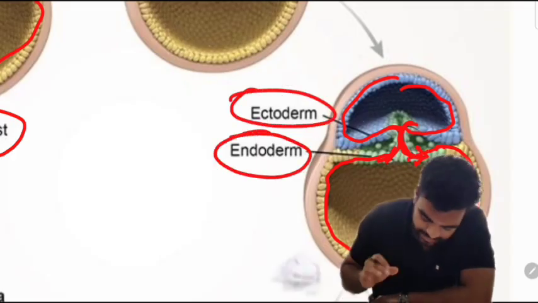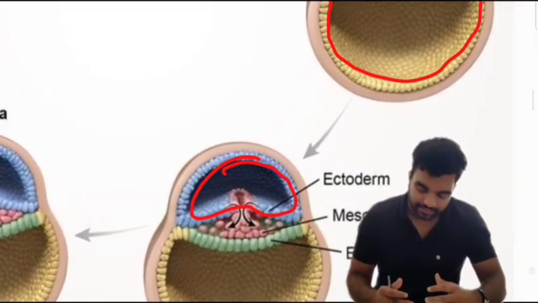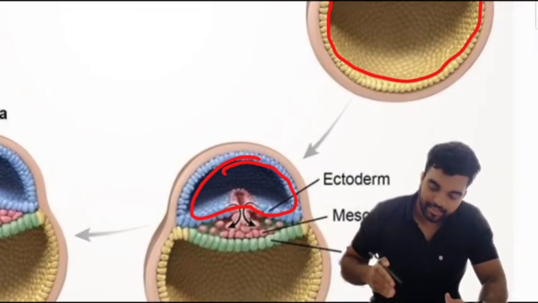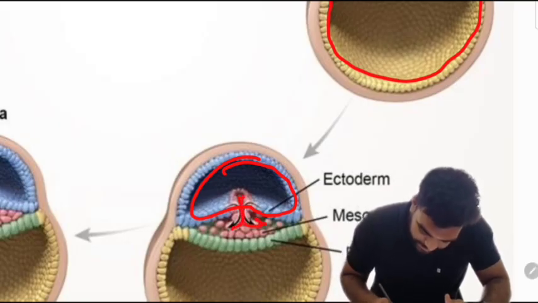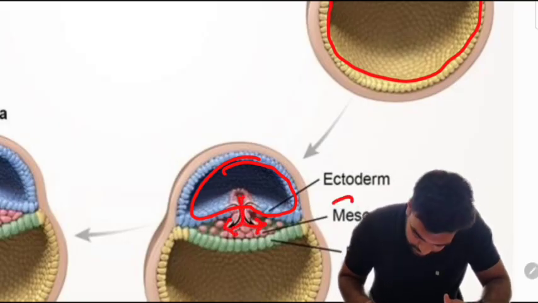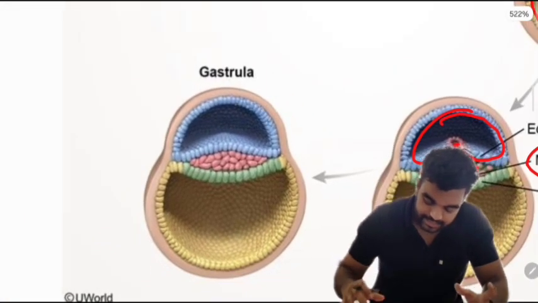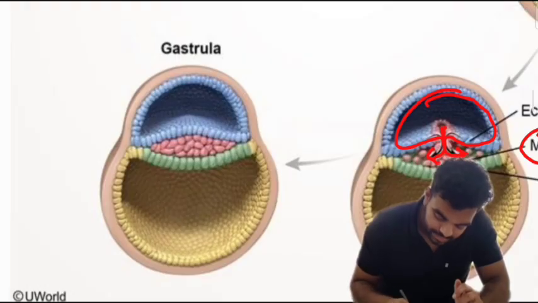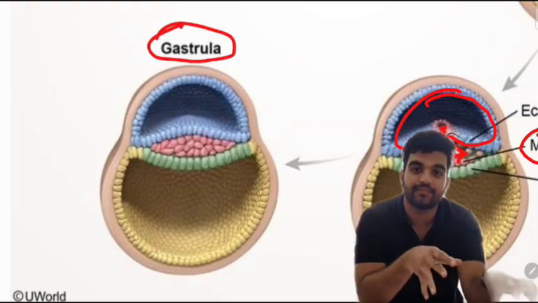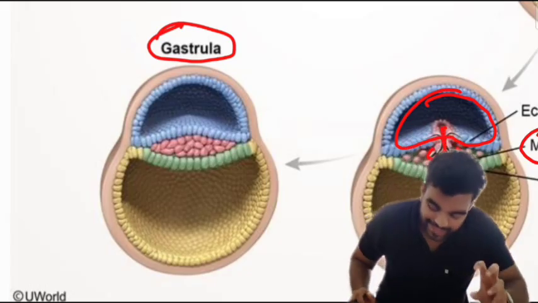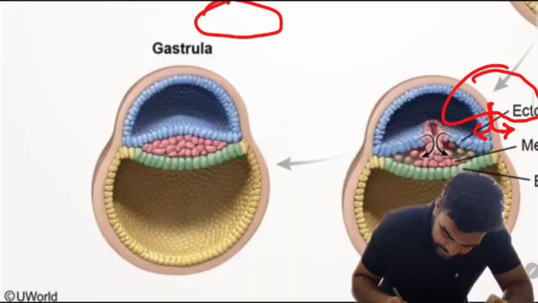Once these two layers were formed, the migration of the epiblast takes place still further. When the migration continues, there is formation of something known as mesoderm. Once and for all, gastrulation is the process, and the gastrula is the final product. Once this gastrula is formed, we will get the three germ layers. What are those three germ layers?